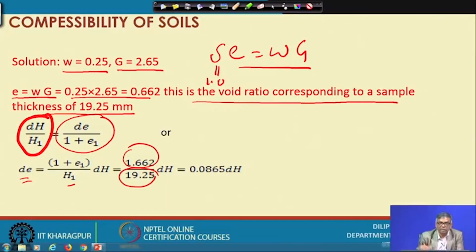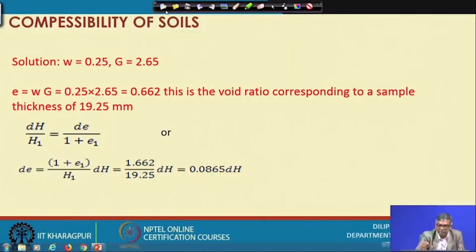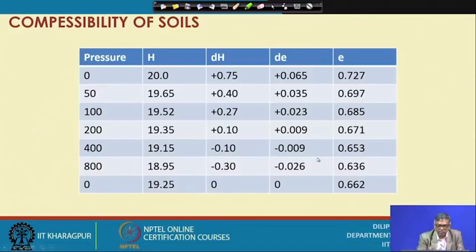So, last we are starting from the end, and your dE we can calculate from here, dE actually equal to 0.0865 dH.